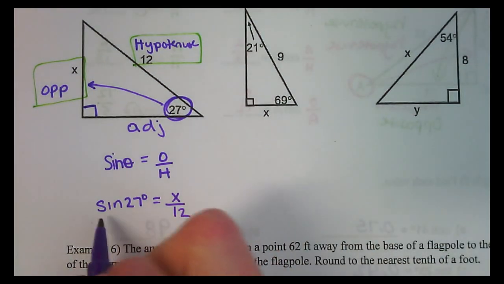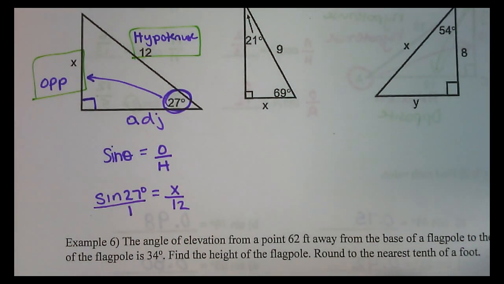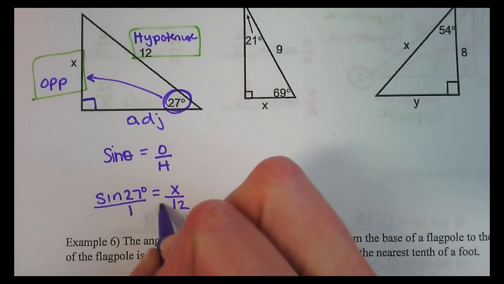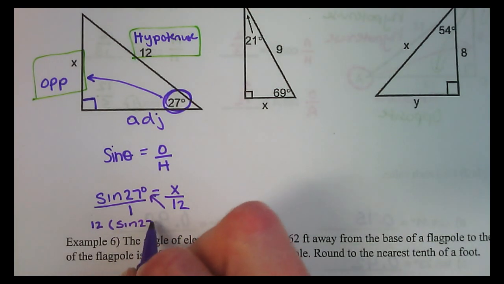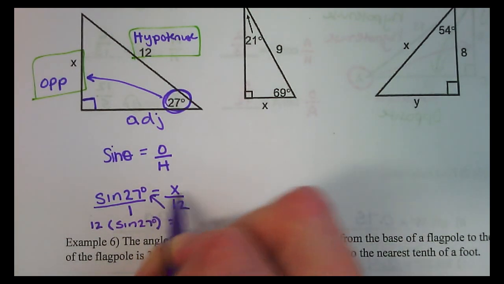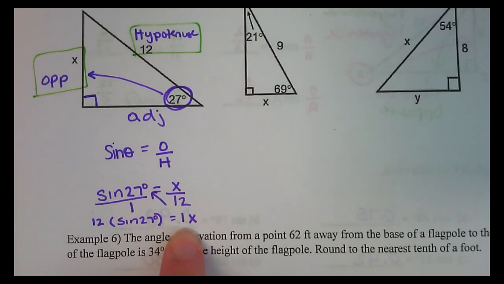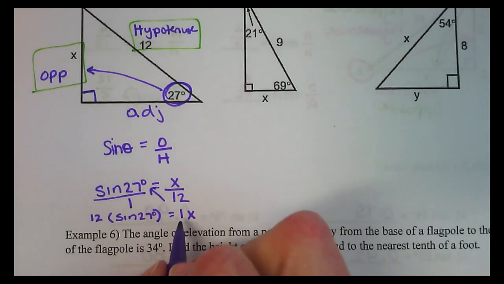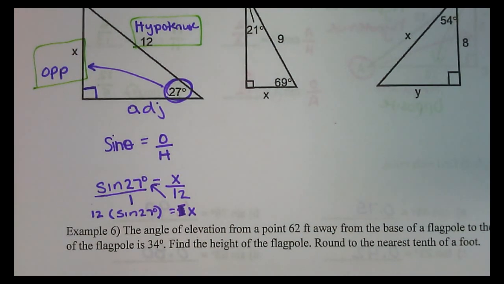Now this becomes a proportion, and the easiest way to do this, since we practiced with proportions in the other section, is to put a 1 on the bottom. I'm going to cross multiply: 12 times the sine of 27 is equal to 1 times x. 1x is the same thing as just saying x, so I'm going to get rid of that 1.